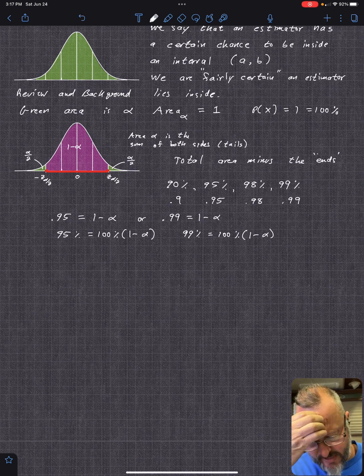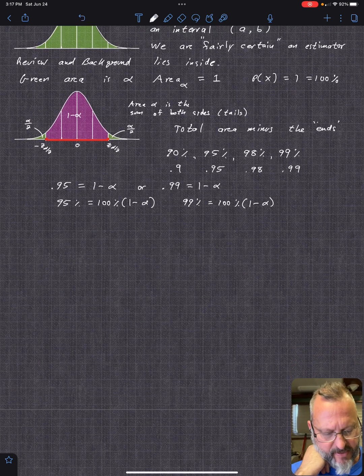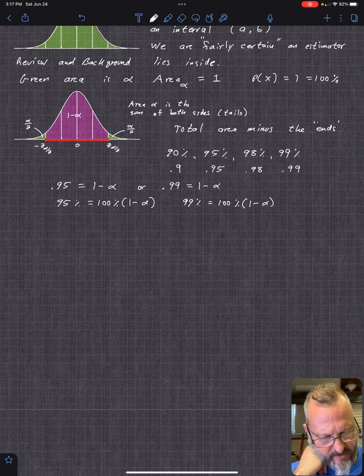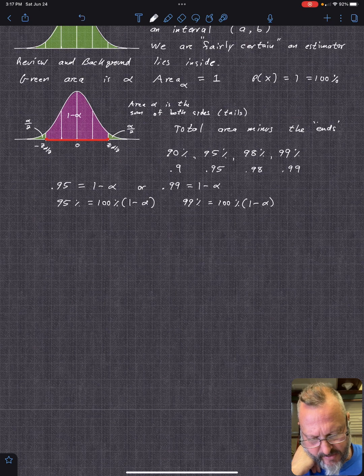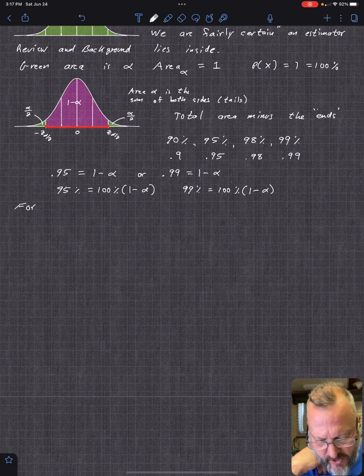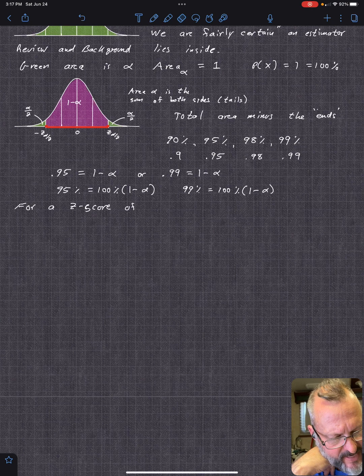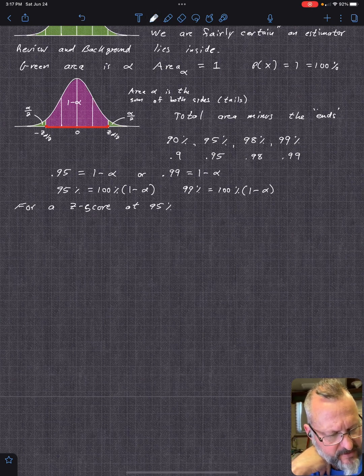So coming back to the other, let's find the z-score for that. So we already looked at what that is. It's got to be the 1.96. So we'll look this up, for a z-score at 95% confidence.